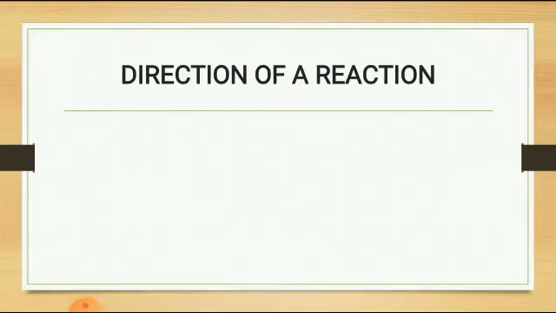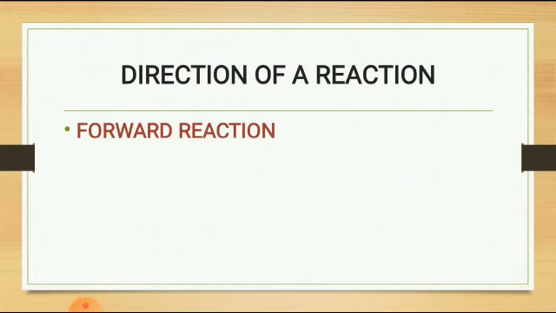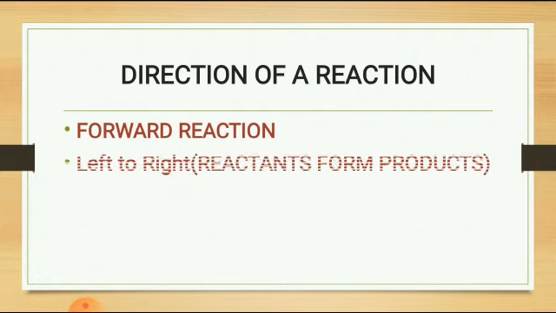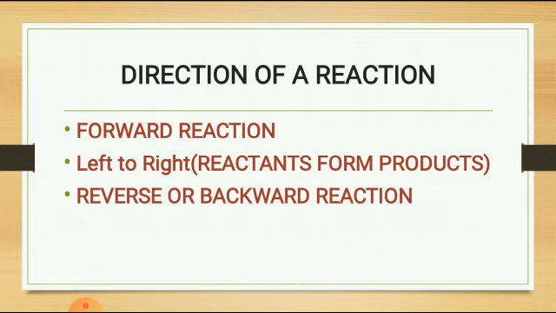Okay, now come to the direction of reaction. There are two directions of reaction, left to right, right to left. Number 1 is forward reaction. It proceeds left to right, means reactants form products. Next is reverse or backward reaction.